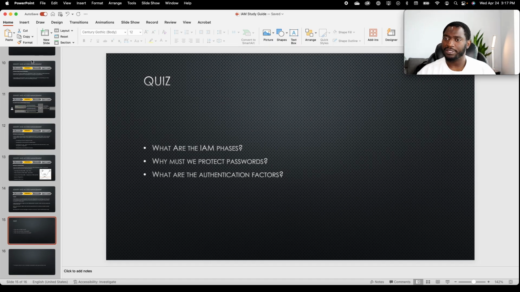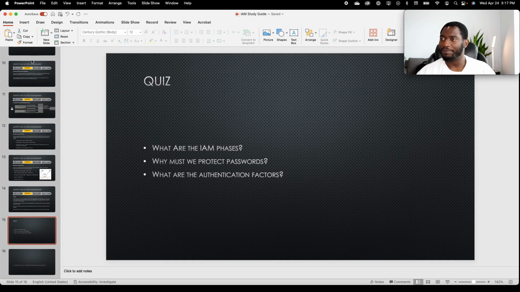Now we're going to talk about some questions really quickly. What are the identity and access management phases? The identity and access management phases consist of identification, authentication, authorization, and accounting. Why must we protect passwords?